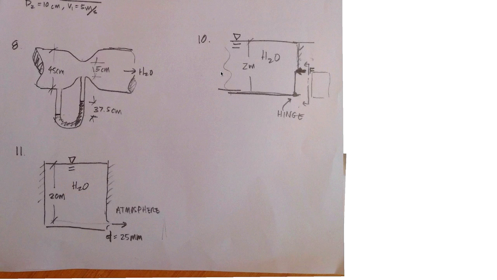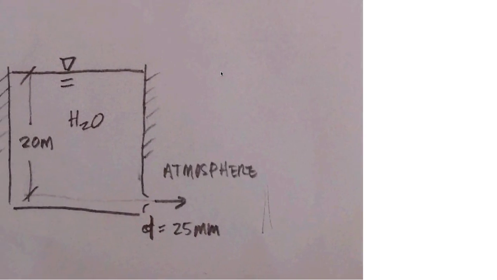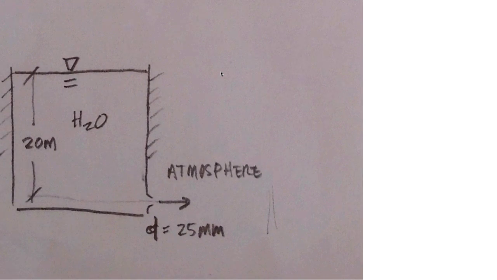Well, this problem really relies on you thinking about the difference in the water that is inside the tank here and the water that is being discharged here. So it's being discharged to the atmosphere, and if we consider what it's like to be a water molecule right here, we know that this water molecule is going to be under a particular pressure, and that spot is 20 meters under the water.